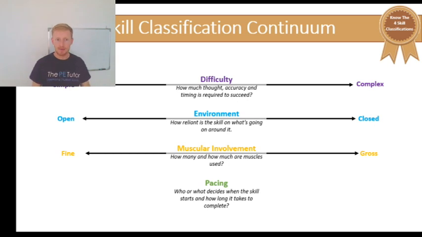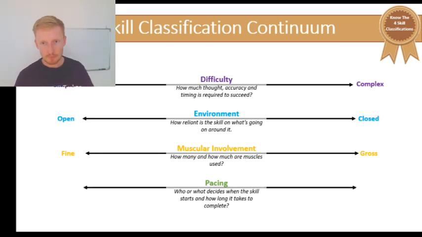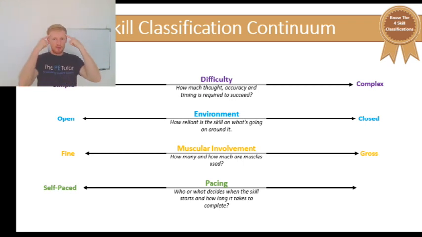And lastly, we have pacing. Who decides the pace and the timings of the skill? Is it down to the self, the individual? Do they make all the decisions on when the skill starts, how quickly the skill is completed, and when the skill ends?